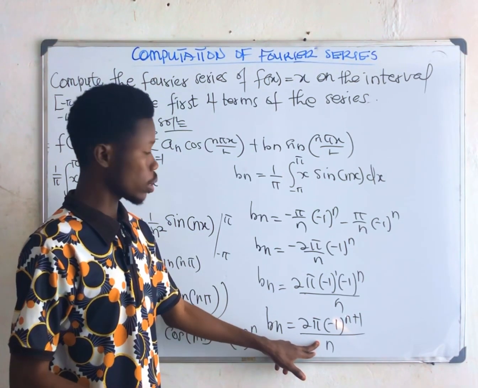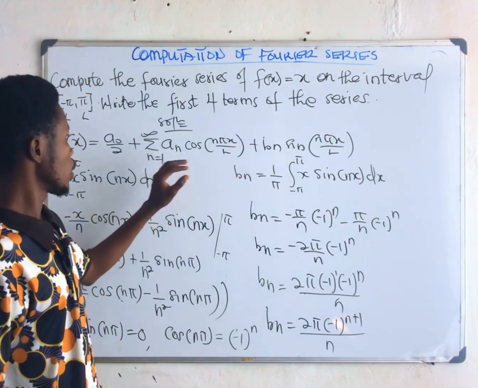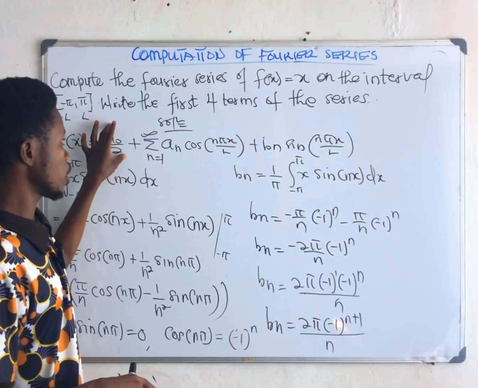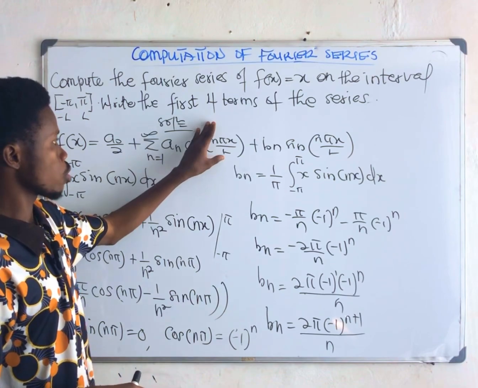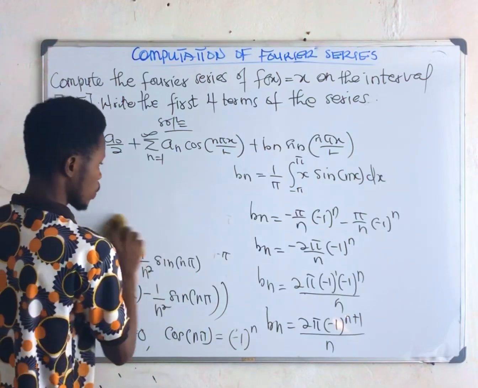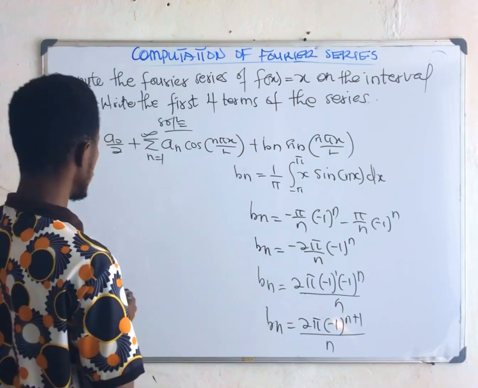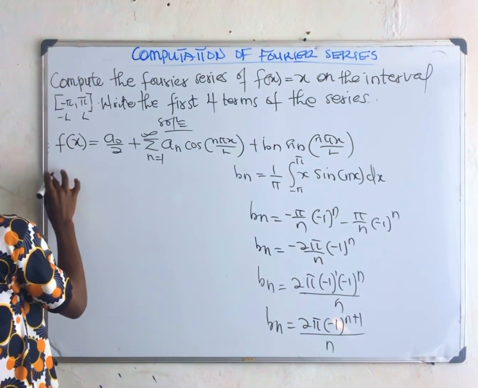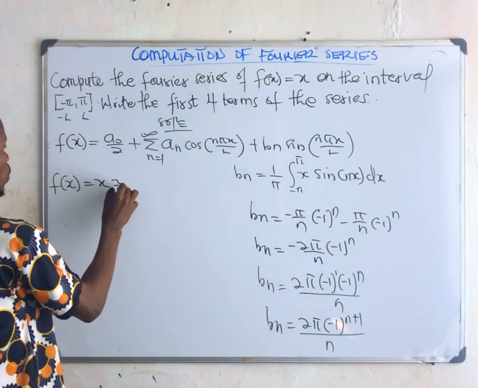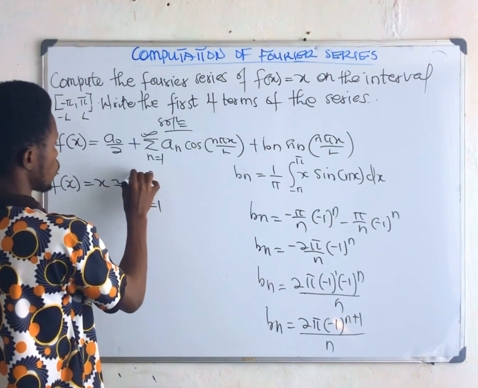Is that okay? Good. So you go back to the formula. Then you go and substitute our a naught, an, and the bn. But remember, a naught is 0, so this place will go to 0. An is also 0. This place goes to 0, leaving only this. So my f(x) equals x, which is approximately the summation of n equals 1 to infinity.